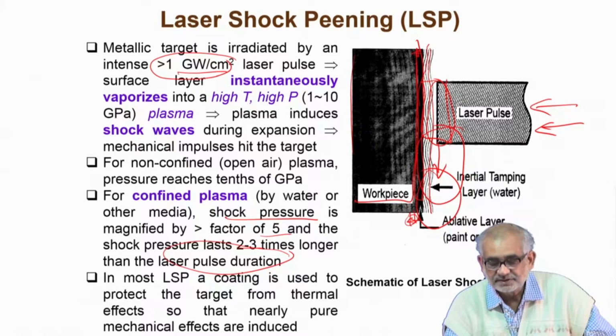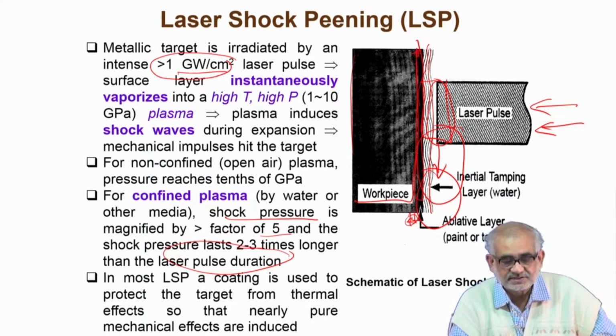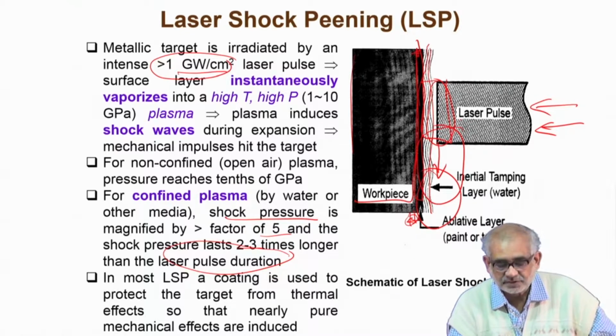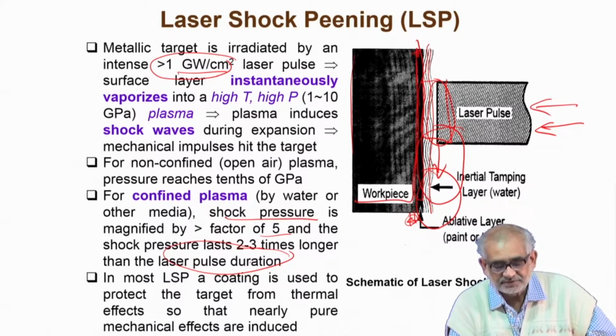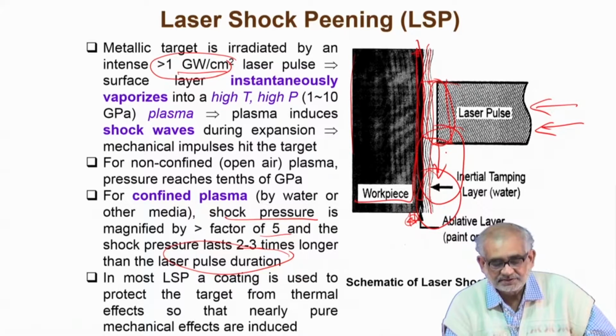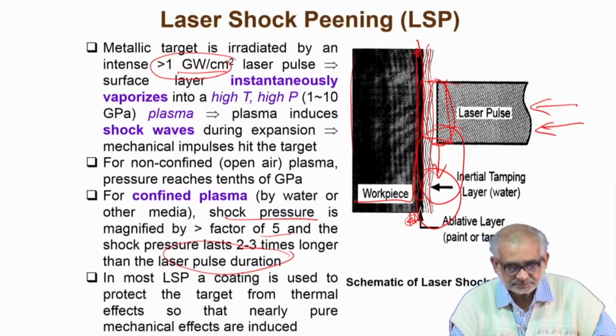In other words, if the pulse duration is a millisecond or microsecond, the effect lasts for a longer period of time, and if the beam diameter is, let's say, 1 or 2 millimeters, the area that is affected is wider than 1 or 2 millimeters. That's how you can move over the surface and integrate over the entire surface area.